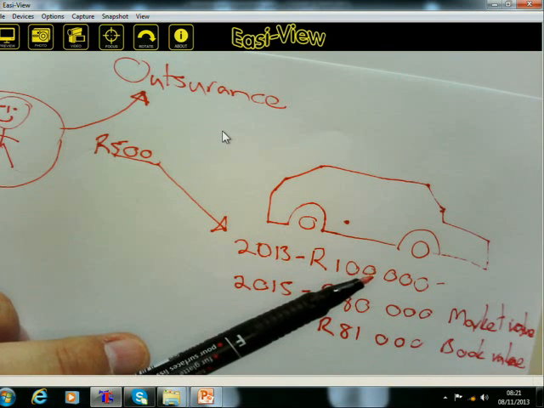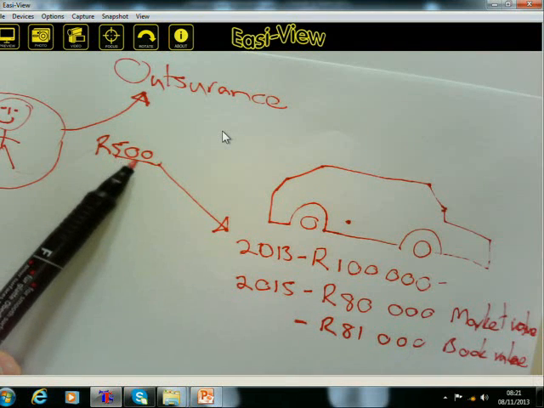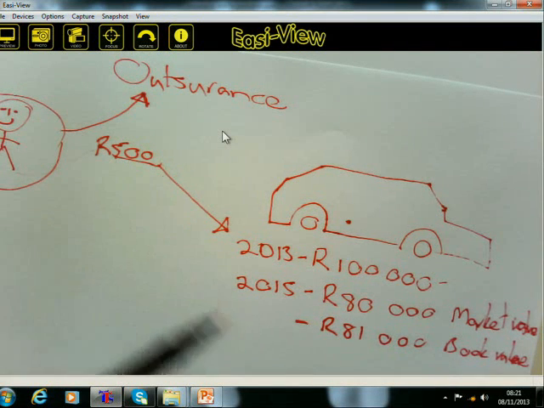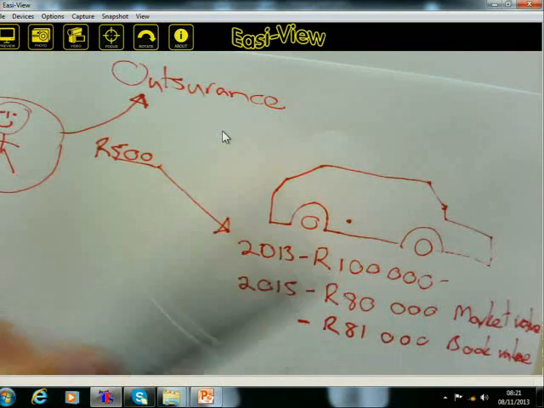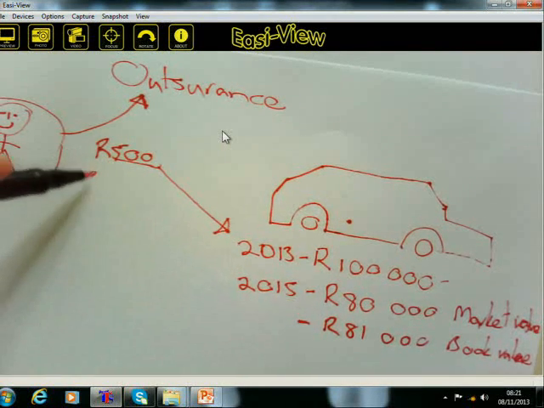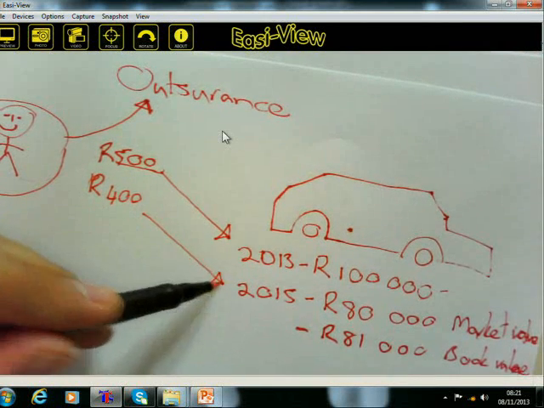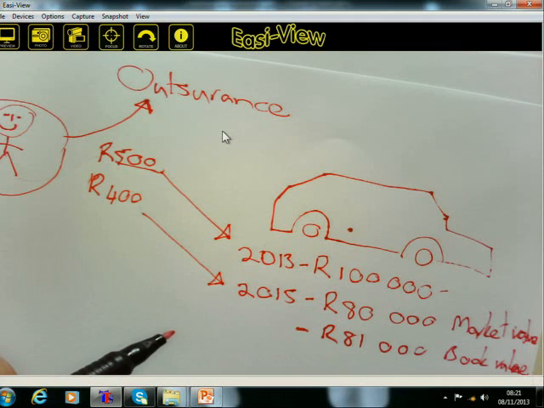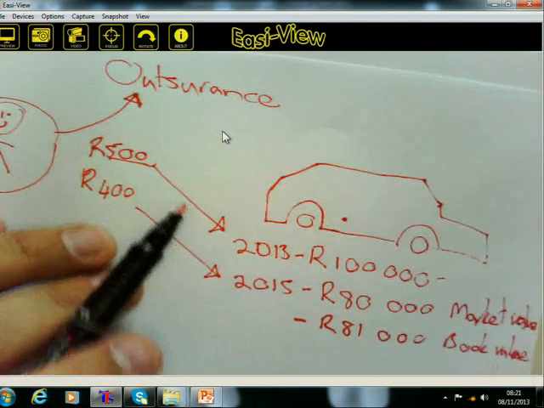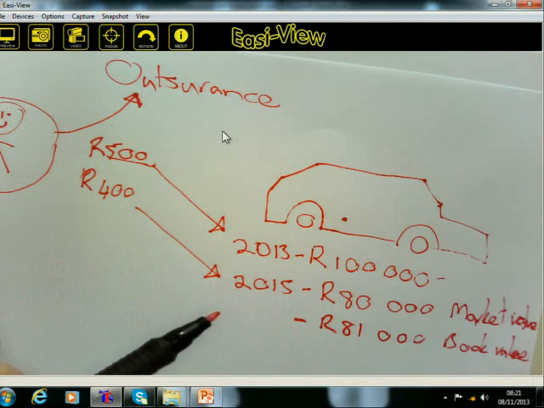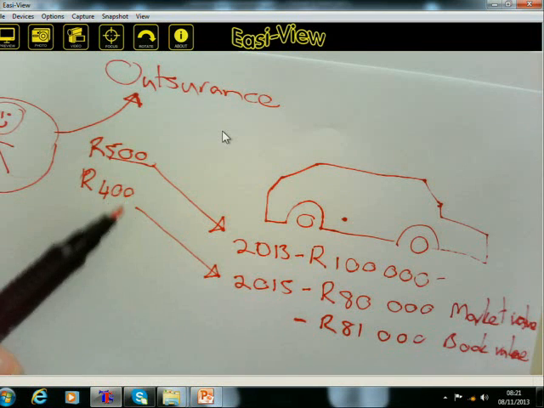I hope you get this, and that's why a company like King Price Insurance can lower their premiums every month, because the premium on 100,000 rand will most probably be 500, but it will most probably be 400 rand when it gets to 80,000 rand in 2015. So here's a little tip for you. If you insure an asset, make sure that the premiums you pay are up to date.